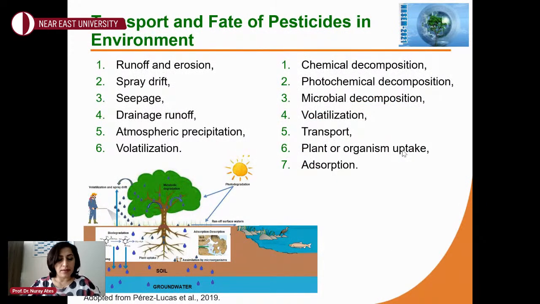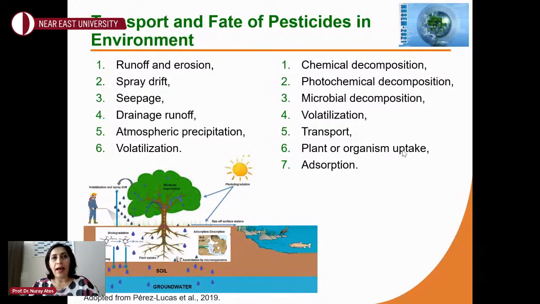Pesticides can be applied for agricultural purposes as spray, granulate, or seed treatment, and these applied pesticides can be distributed through different mechanisms to the air, soil, or water environment.